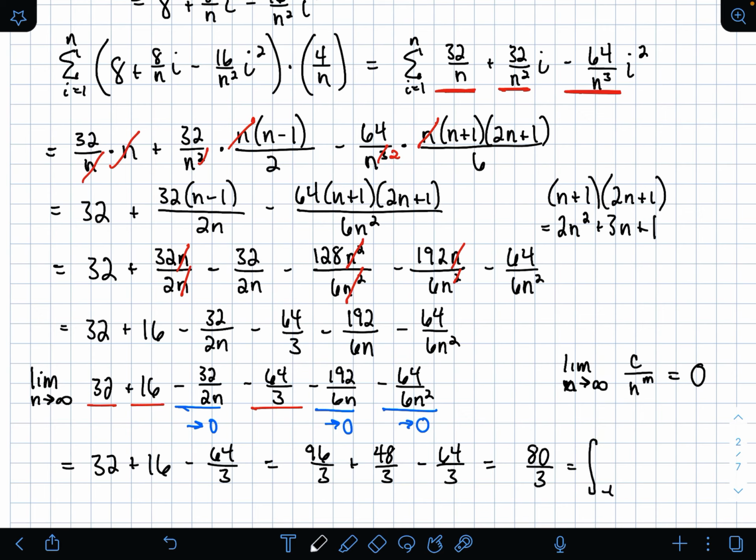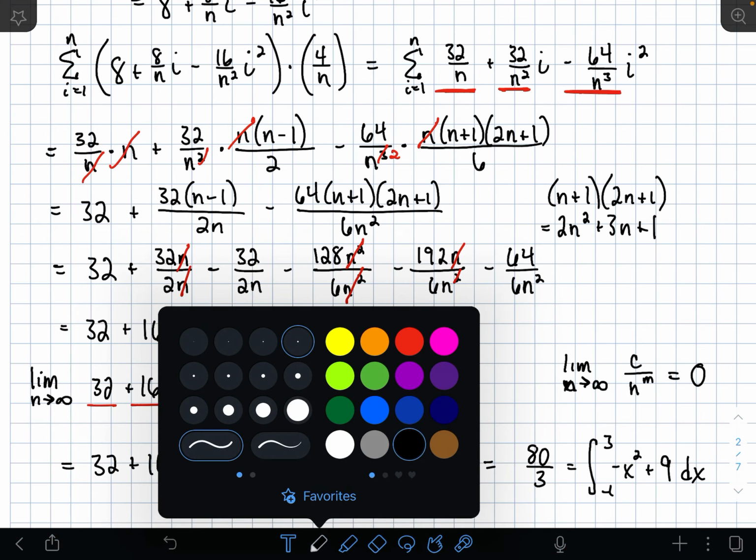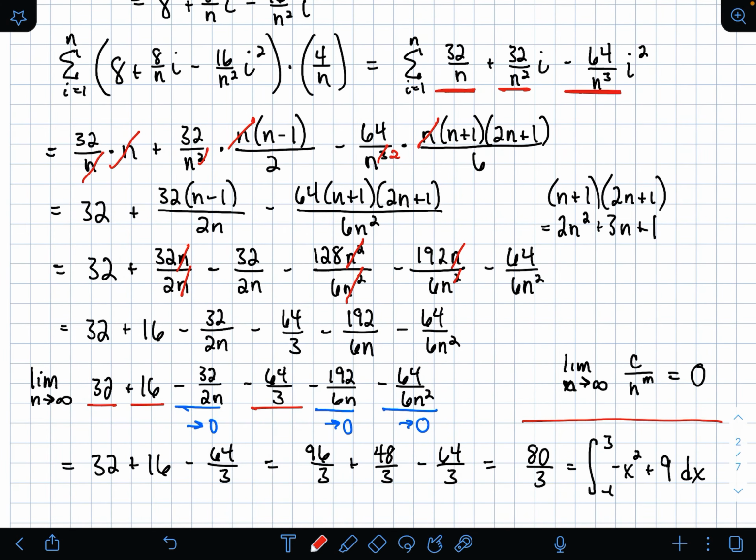And that is the value of the definite integral from negative 1 to 3 of negative x squared plus 9 dx. A lot of work, certainly. We know that already, that Riemann sums are a lot of writing, a lot of simple algebra steps, but a lot of them.